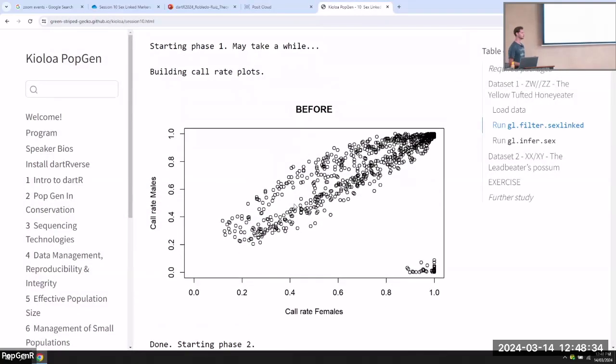So the first plot you look at is your call rate plot. Since this is a ZW system, your females will have a high call rate, which means no missing data for markers on the W chromosome, the one that is unique to the female, whereas it will always be missing in the males.